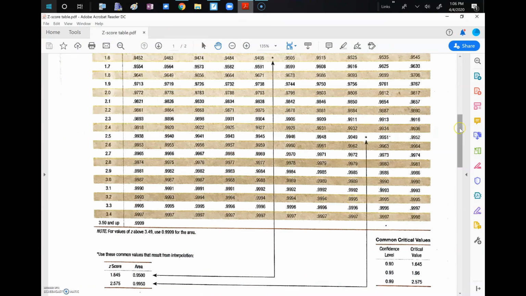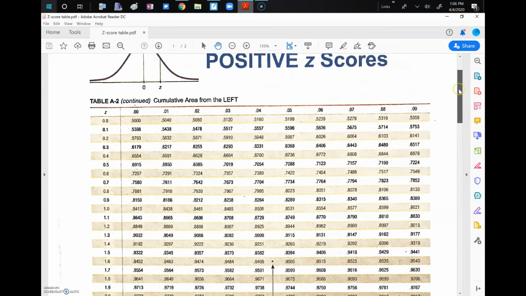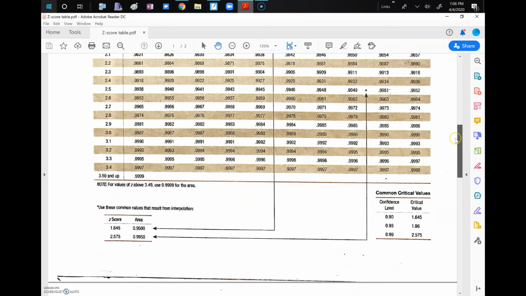Now here, those are one of the exceptional data values. So if you look at the page that has the positive z-scores, at the bottom we can see they did list for us if you want to know a data value for 0.95 your z-score is 1.645. So here they pulled that out of the chart for us because it is a very special data value or area value in statistics.